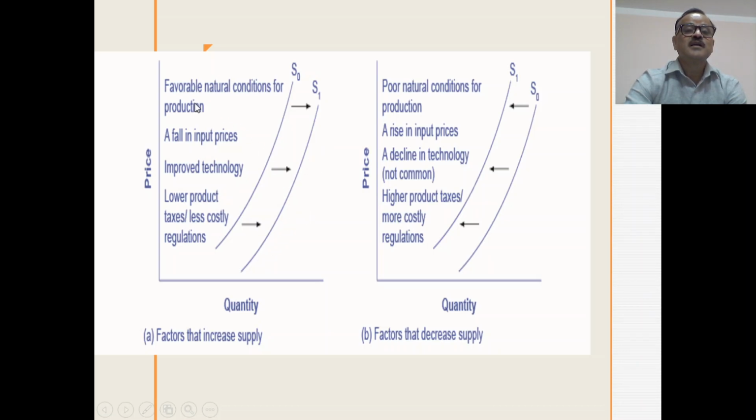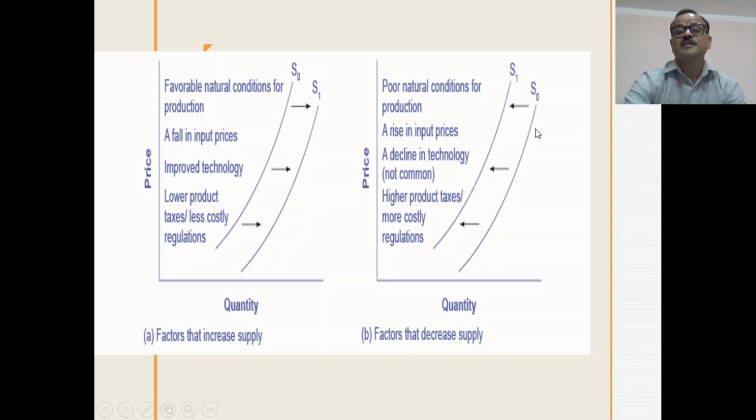It is because of favorable natural condition for production, a fall in input prices, improved technology, lower product taxes, less costly regulation. Due to all these factors, not price, other factors, which are providing favorable conditions to supply more goods in the market, the supply curve shifts forward.